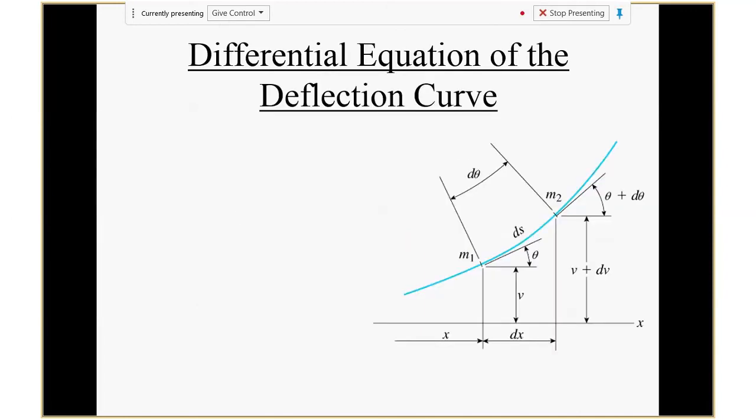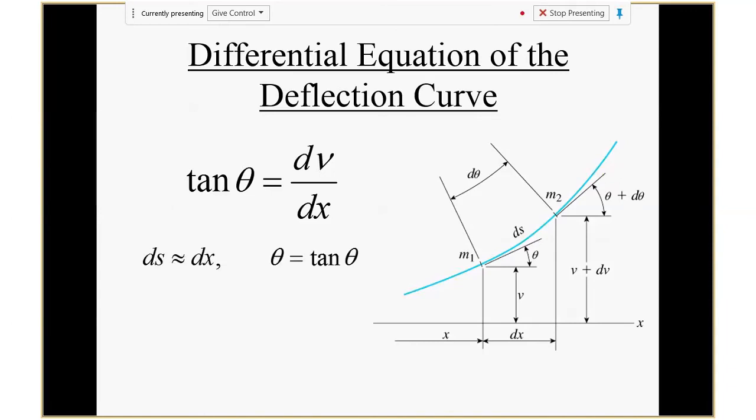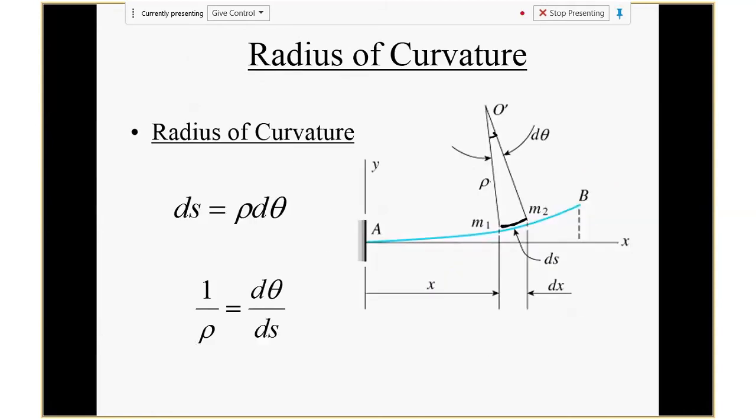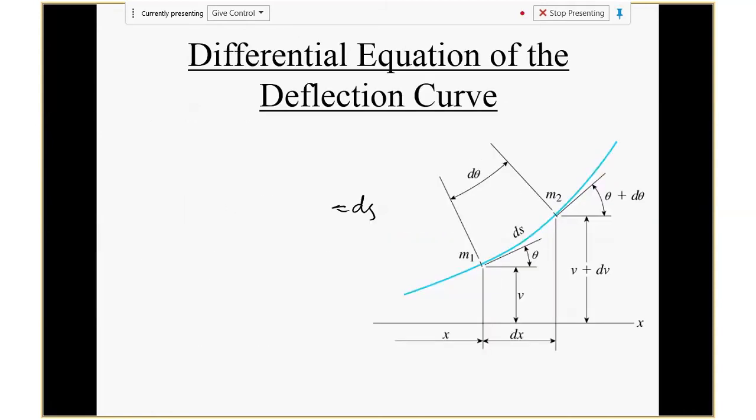So therefore tangent theta should be equal to that. Okay, what's tangent theta? It's theta, because tiny angle, small angle. So you combine, okay, so you get theta equals tangent theta, right? So this ds basically is dx. So what do you get when you put this back into this equation here?